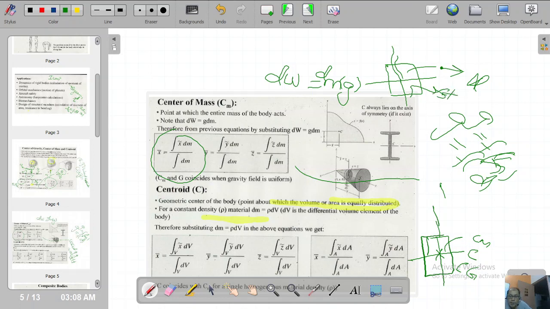In this unique scenario, remember that the centroid is the geometrical center of the body, where the two axes meet. So its centroid will be here at C, but its center of mass will shift downwards. Why? Because the density of steel is greater than that of aluminium. If you put any material which is denser than steel, the center of mass can go to the upper side also, but it will not coincide with the centroid.